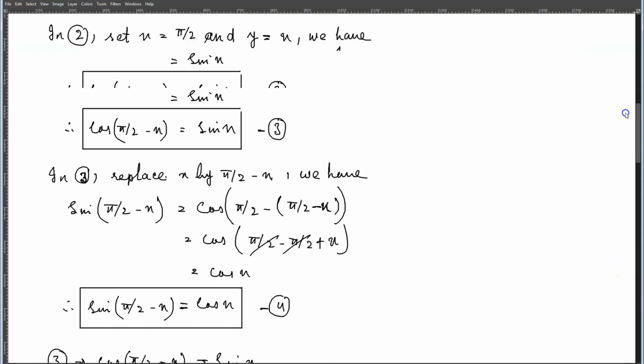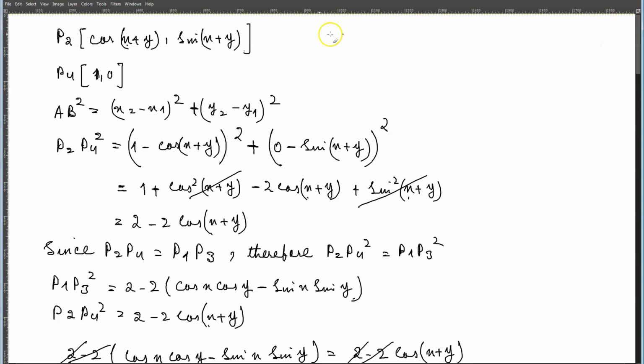There are a couple of formulas that are used in trigonometry very extensively. If you have a unit circle here, you see that over here you have 0 and 2 pi radians. Here you have pi by 2, here you have pi, and here you have 3 pi by 2.